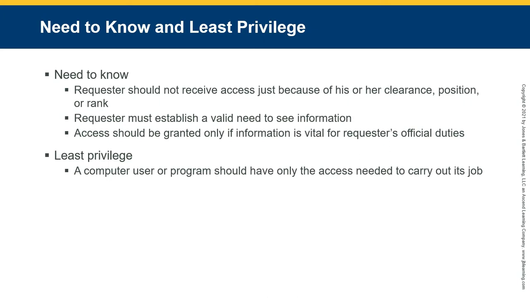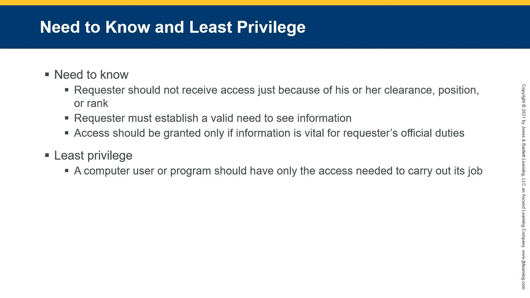So, need to know and least privilege. As we talked about setting up the different files, it's need to know. A requester should not receive access just because of his or her clearance, position, or rank. The requester must establish a valid need to see information. Access should be granted only if the information is vital to the requester's official duties.